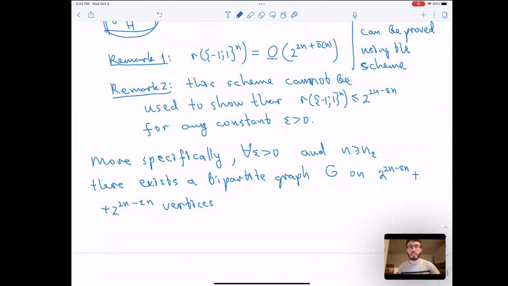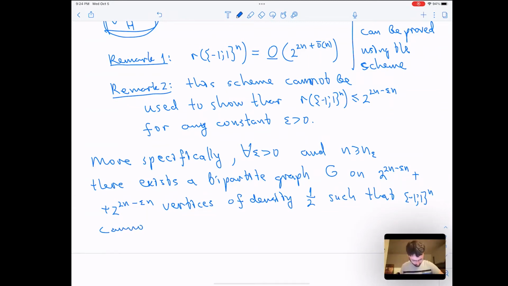So we plunge just a little bit below the 2 to the 2n threshold of density 1/2, such that the hypercube cannot be embedded into G via the above procedure.